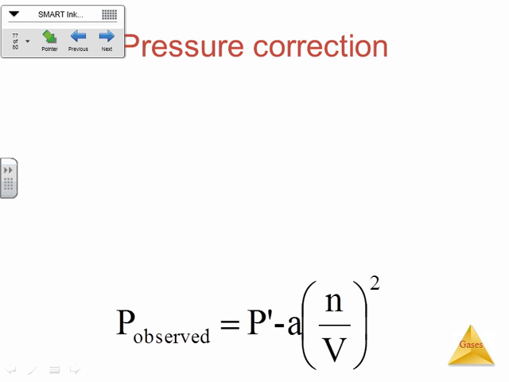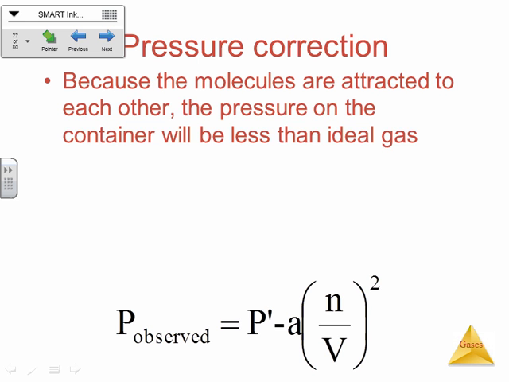Now we also have to do a pressure correction. What happens here is, because of the attraction of the gas molecules for one another, the more attracted to each other they are, the less hard they're going to hit the sides of their containers, because as they move past other gas molecules, they get attracted to them, and that slows them down a little bit. So they're not going to push on the outside of their container as much if they're being pulled inward by their attraction to other gas particles.